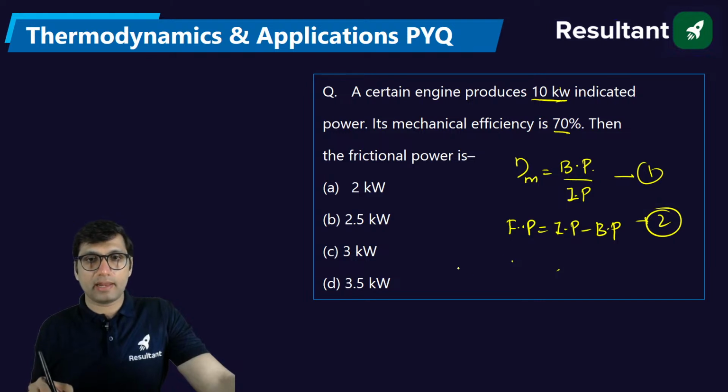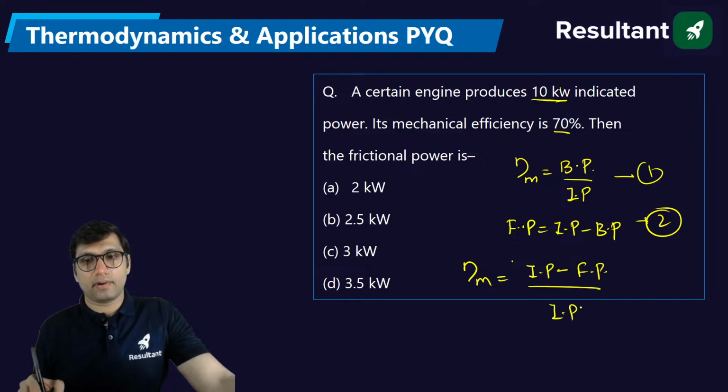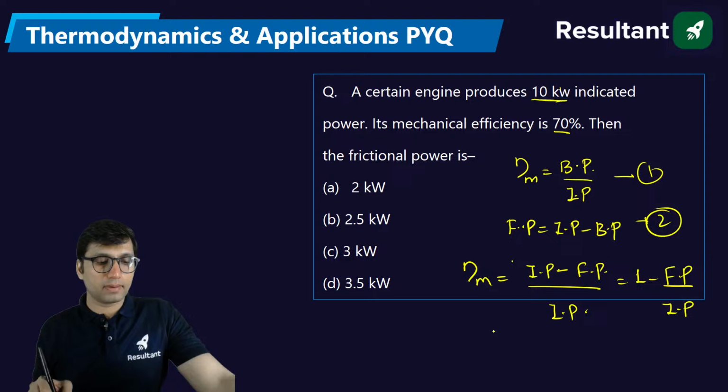When mechanical efficiency is 0.7, 70%, mechanical efficiency is equal to brake power by indicated power. Now brake power will be equal to indicated power minus friction power, divided by indicated power, which gives 1 minus friction power by indicated power.